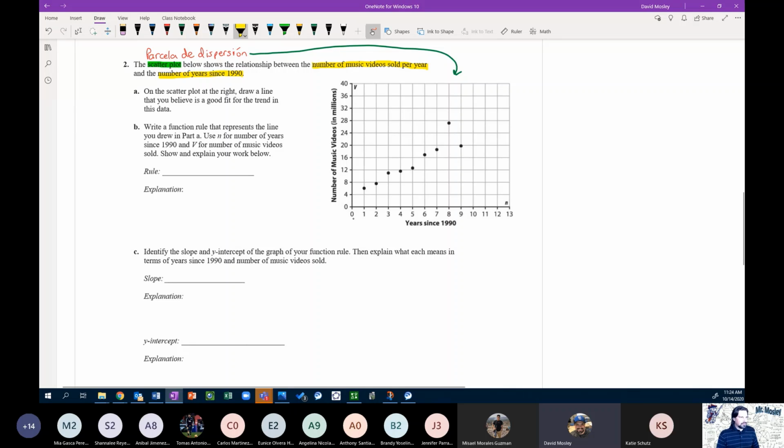Okay. So this first at 0, 1990. The end at 13, 2003. Okay, and this is millions.